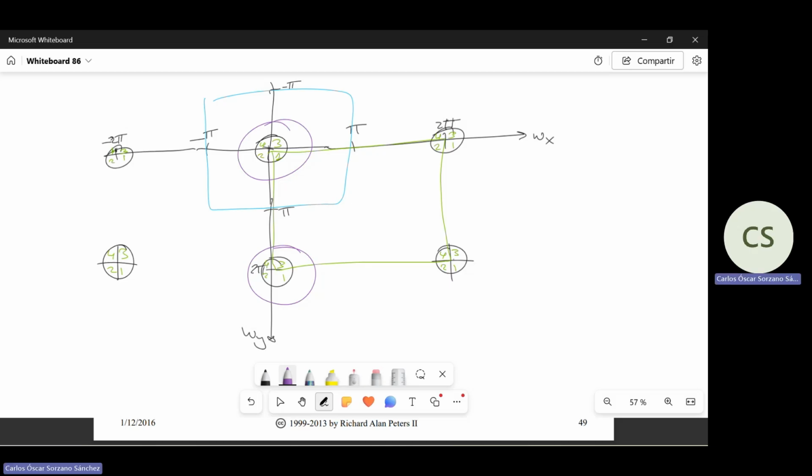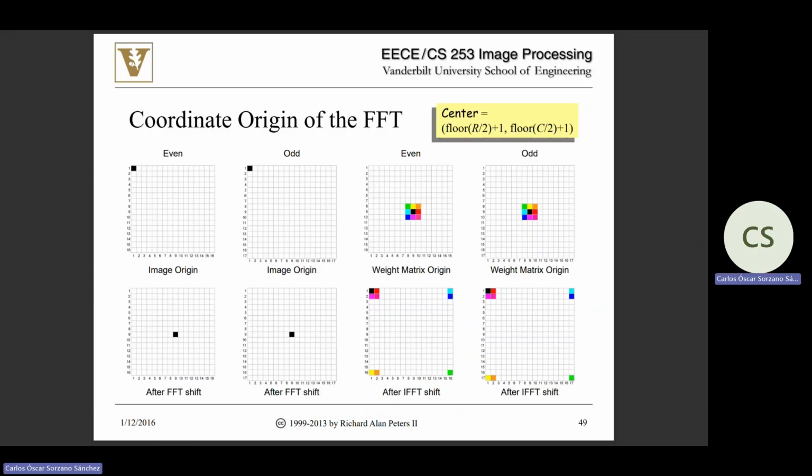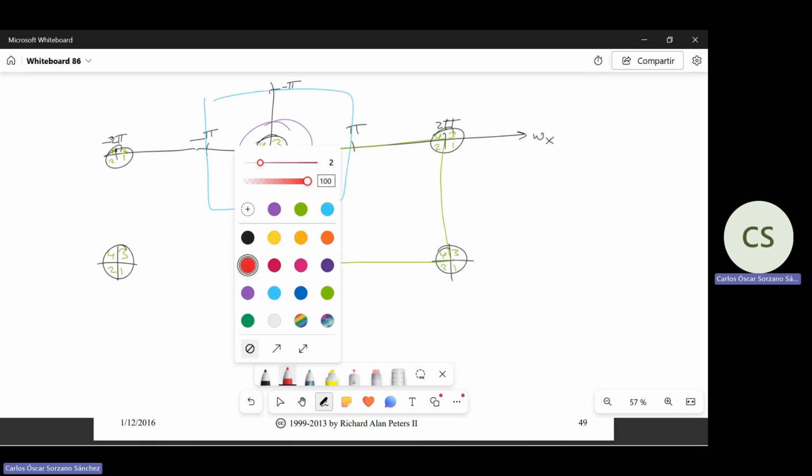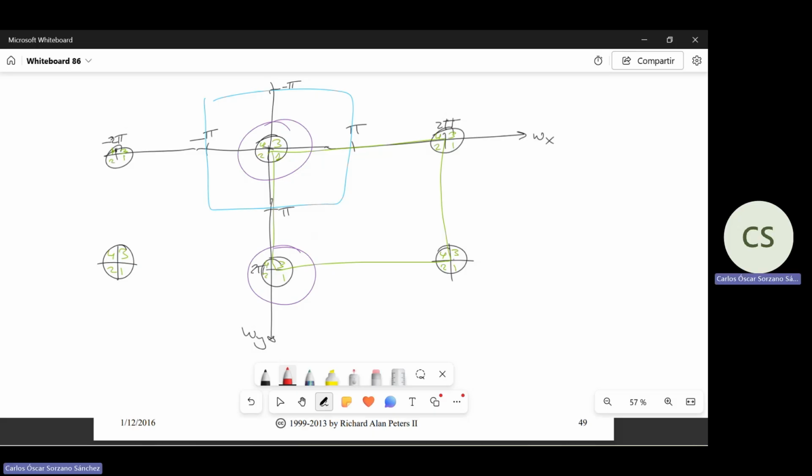So what are negative frequencies? So this frequency is positive. So from here, let's say, for omega x, going in this direction, it is going from 0 to 2 pi. And here it continues from pi to 2 pi.